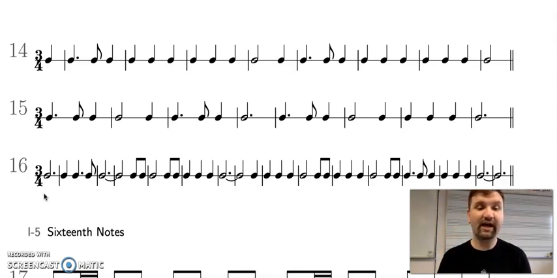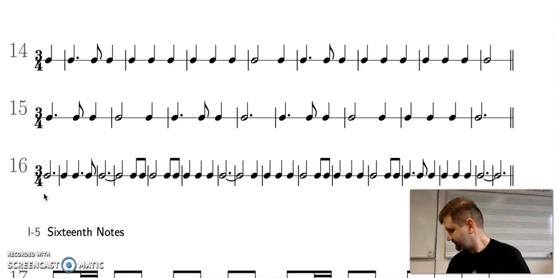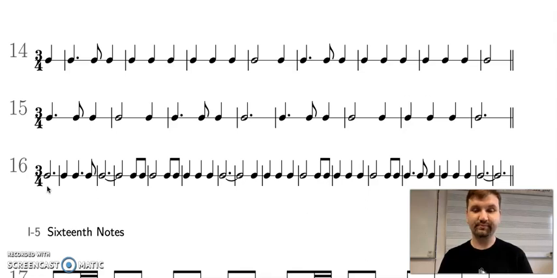Take a moment and glance through that line before we count it together. Let's count it together. Ready? Go.